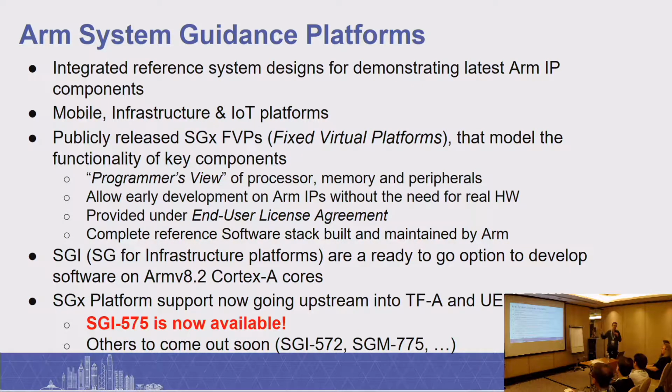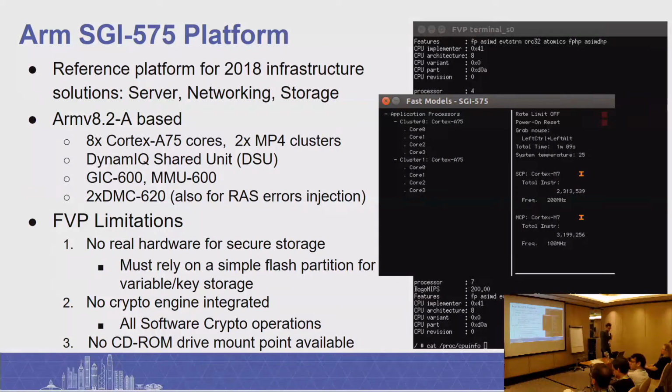This includes support in the Arm trusted firmware, which has been recently pushed out, and for EDK2 platforms that's coming. As I said, other SGI platforms are already planned: the SGI-572, the previous one, and also the SGM-775 for mobile. So now let's finally have a look at the 575 one.